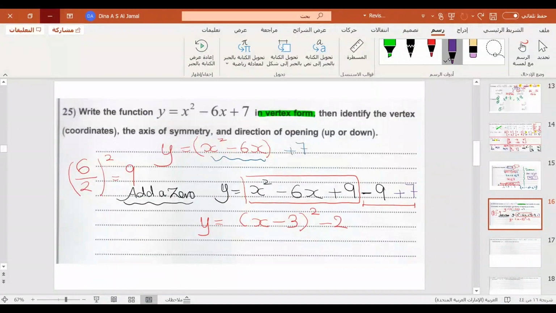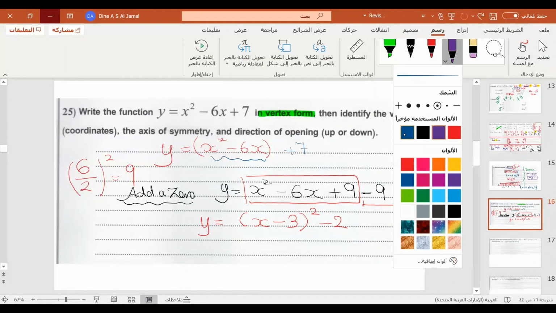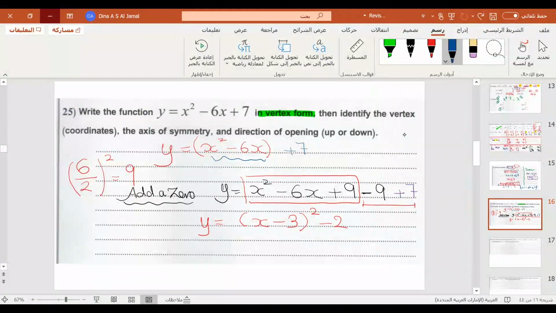Now to find all what he was requiring, you should compare y equal, this is the general vertex form, a x minus h all squared plus k.